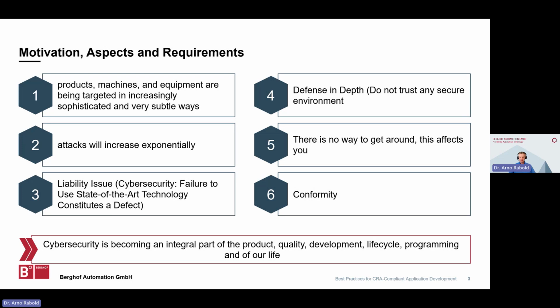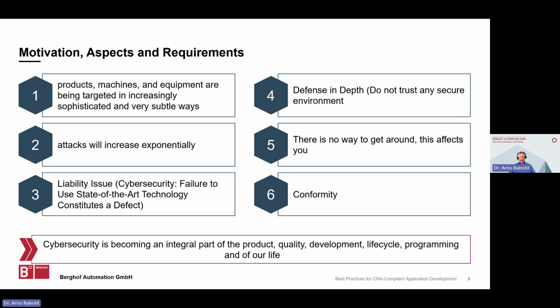This affects you. AI and cybersecurity are changing our world fast and drastically, so don't try to get around it. We are in the midst of a turning point, so care about it.